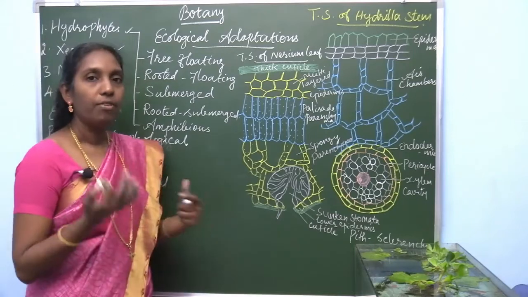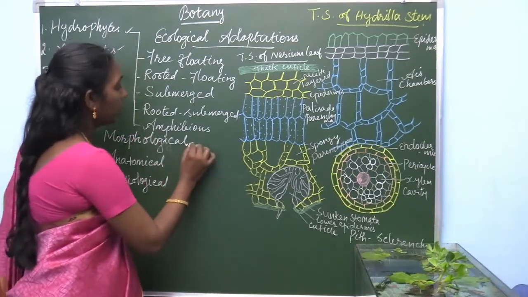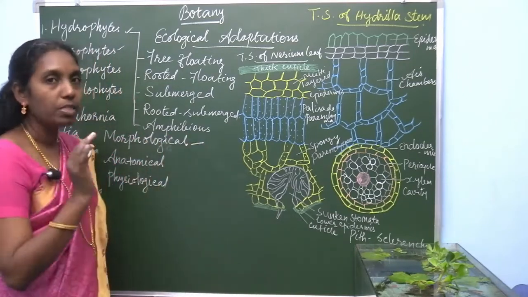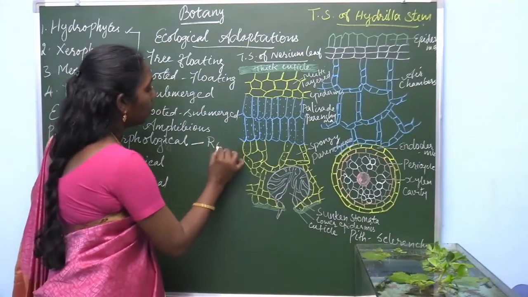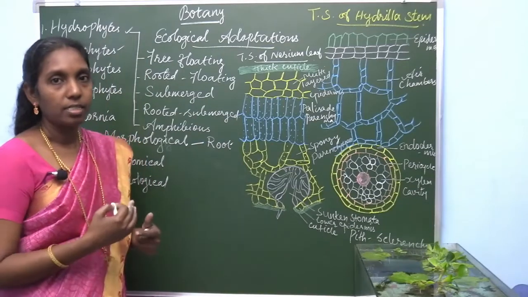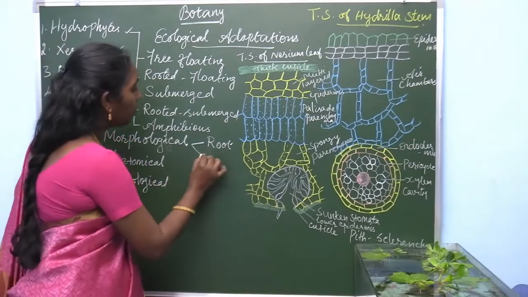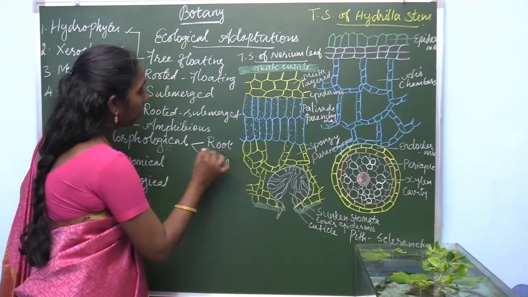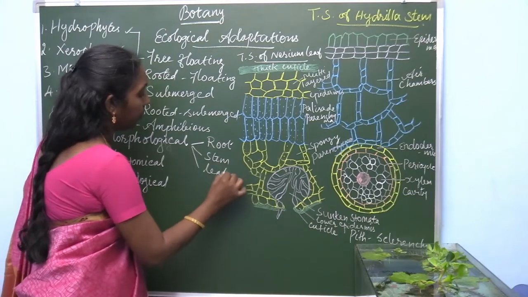What are the morphological adaptations? Under morphological adaptation, you observe the plant's root, stem, and leaf.